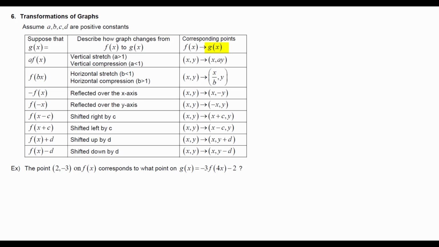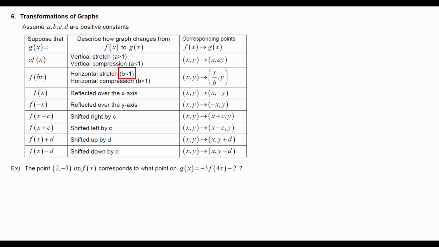and that will give you the resulting graph. If a number is multiplied to x so that you have f of b of x, then it will actually give you a horizontal stretch or compression. It is the opposite effect for the x.